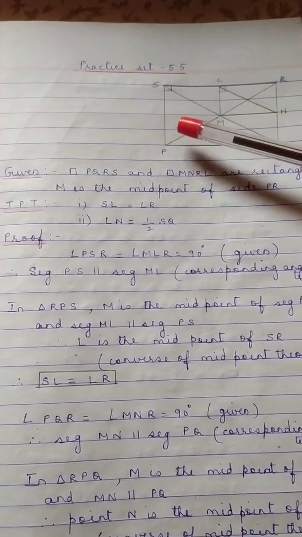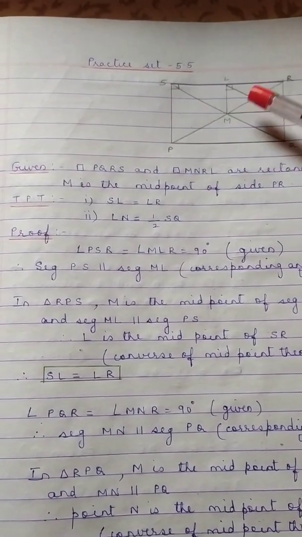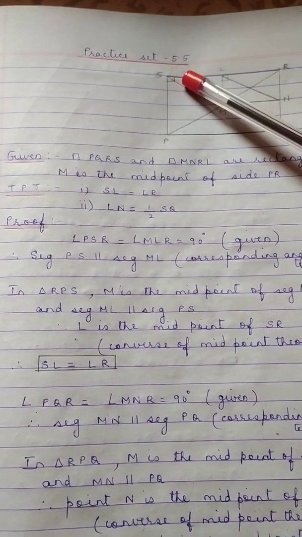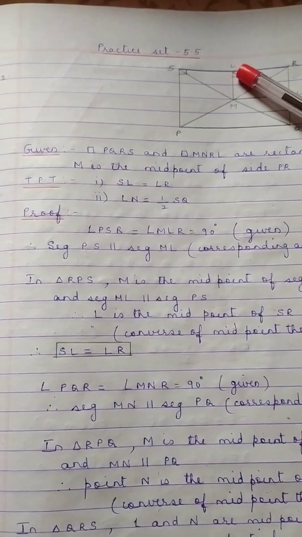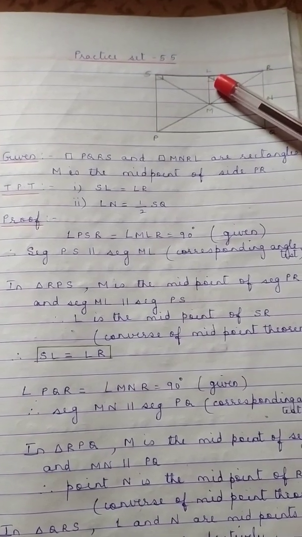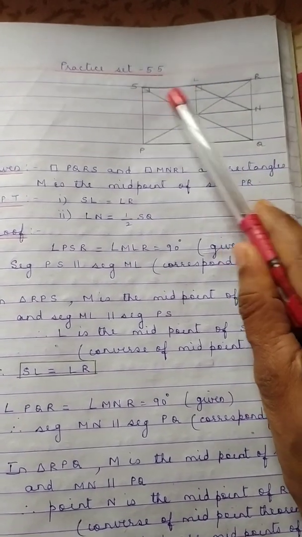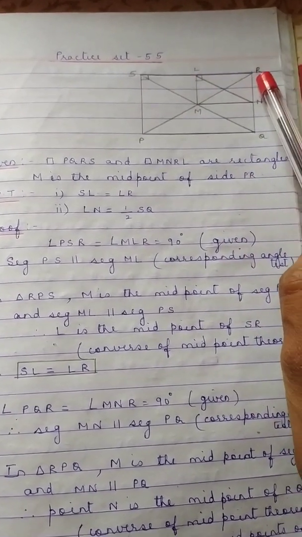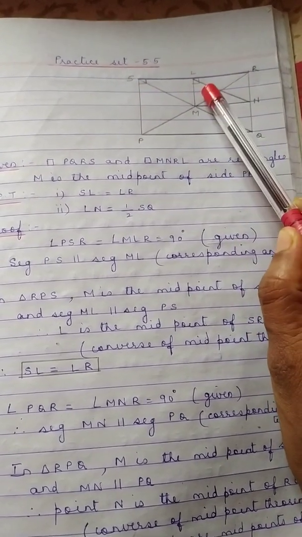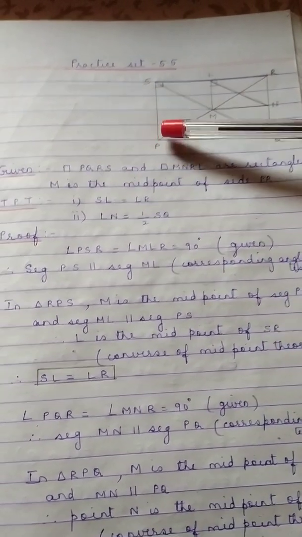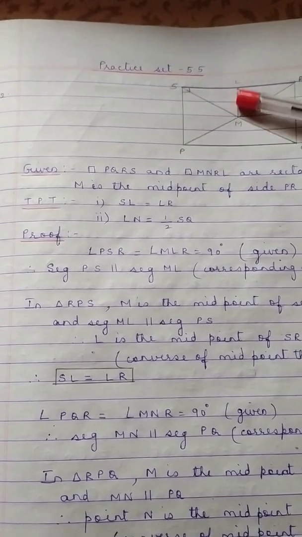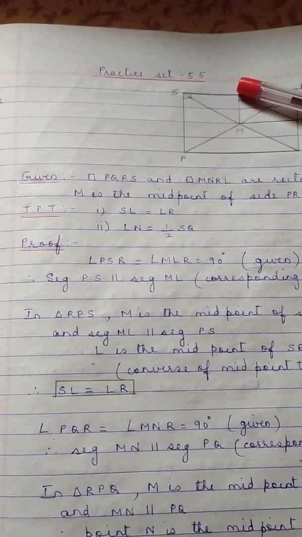For the proof, you have angle PSR and angle MLR 90 degrees because they are angles of a rectangle, and therefore it is 90 degrees. So consider SR to be the transversal, then they will be corresponding angles. Since they are congruent, it is proved that segment PS is parallel to segment LM or MN.